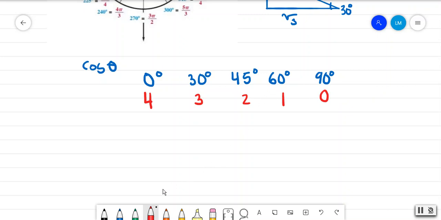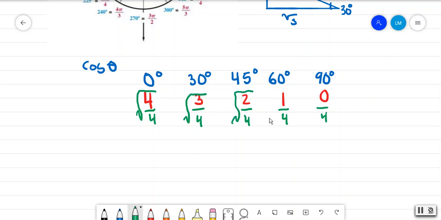Now you divide by 4 for each of these. What this does is that if you take the square root next, it's going to give you the values of your cosine. So in that case, 4 over 4 is just 1, so root 1 is actually just 1.